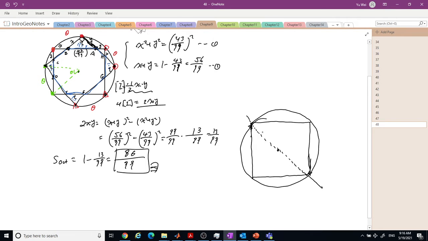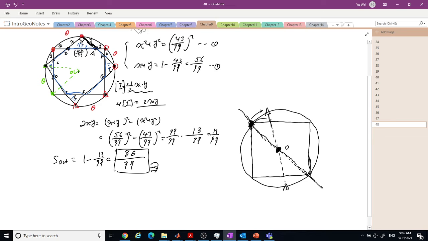This is the diagonal of the square, and also the diameter of the circle. Here is the center O. After rotating, this point gets rotated, for example, to this point. That means this diagonal gets rotated to this diagonal.